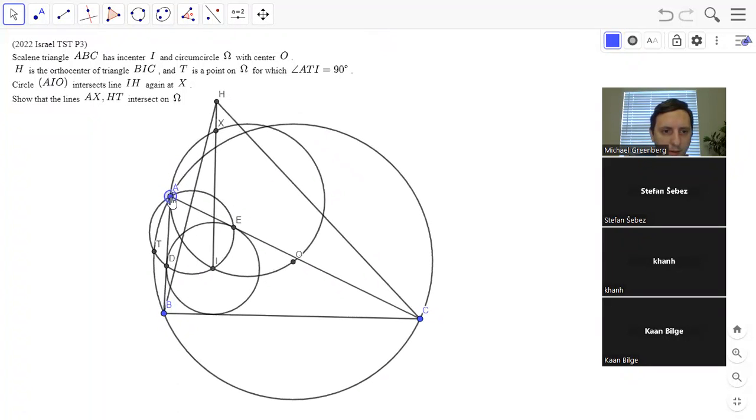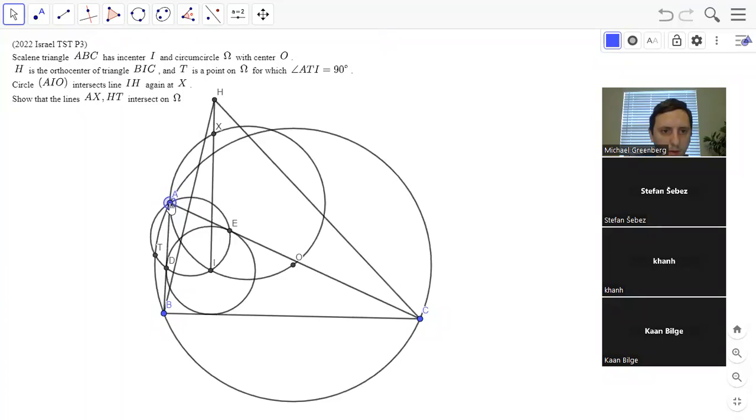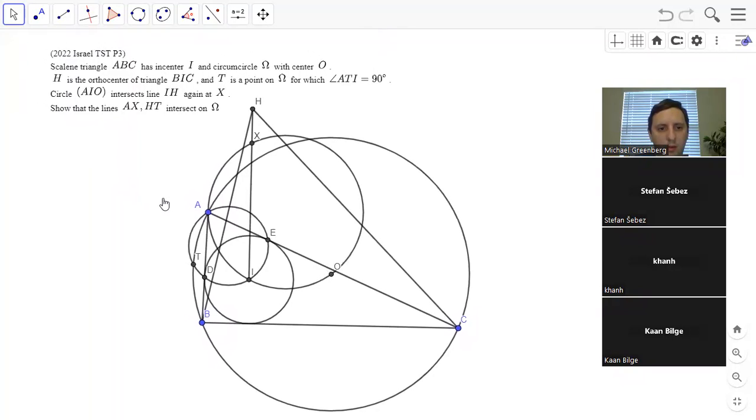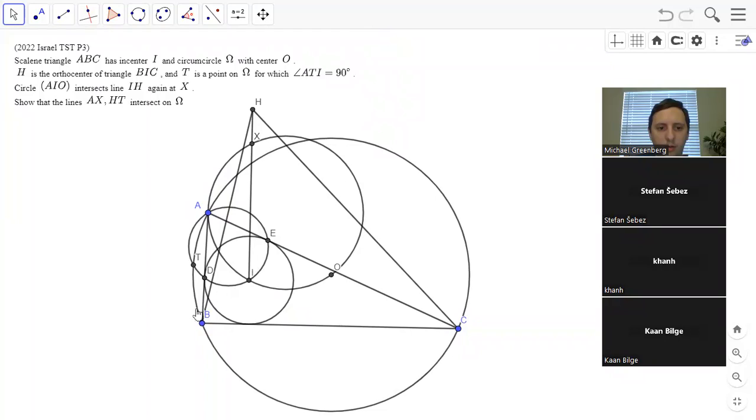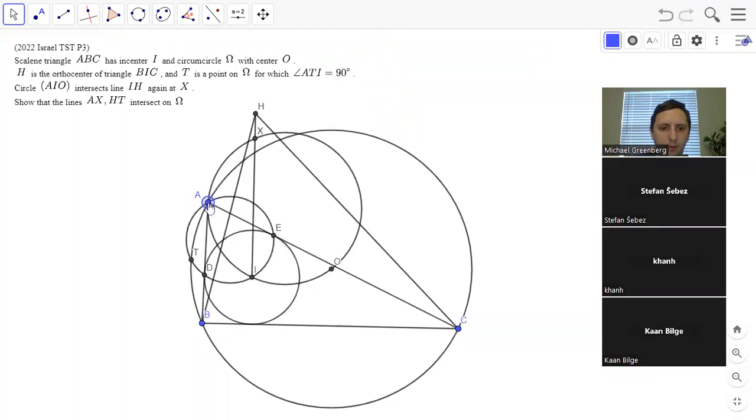Let's see. I feel like there's a lot of problems with BIC, right? Or I'm sorry, with H. What are all the lemmas with the orthocenter of BIC?